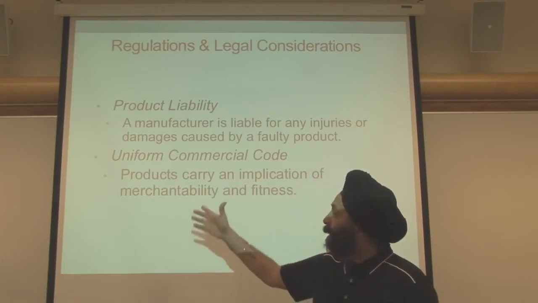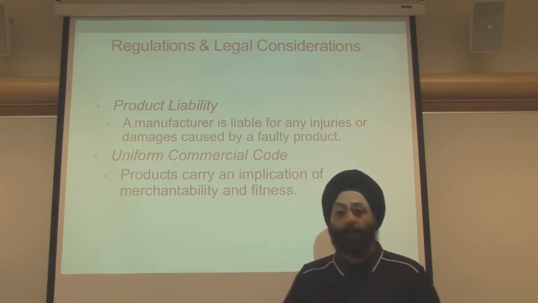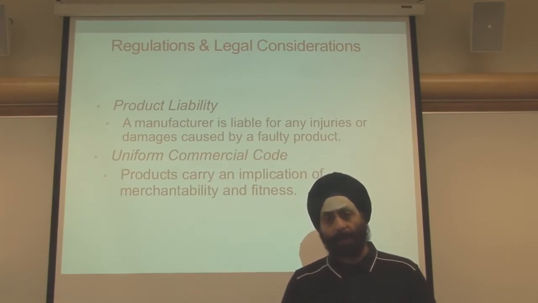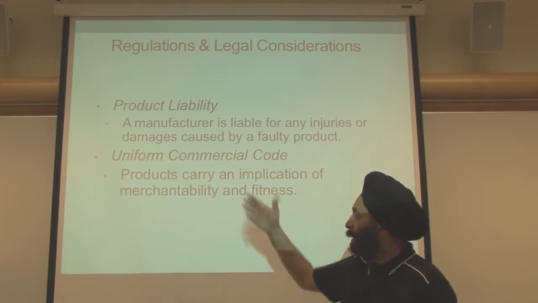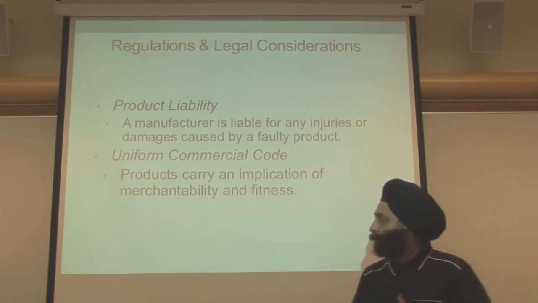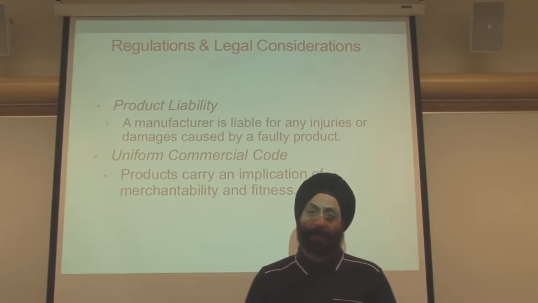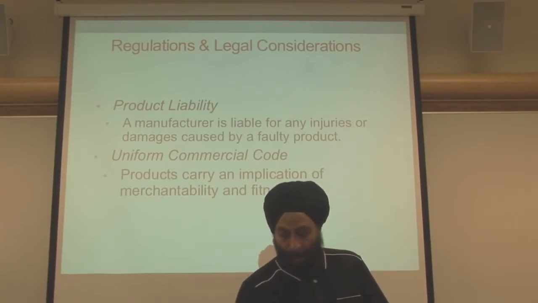Any product has an implied warranty. I think at least a product over $15 has an implied warranty of merchantability and fitness, that it is fit to use as well as in saleable condition.